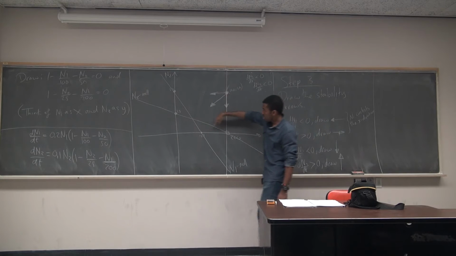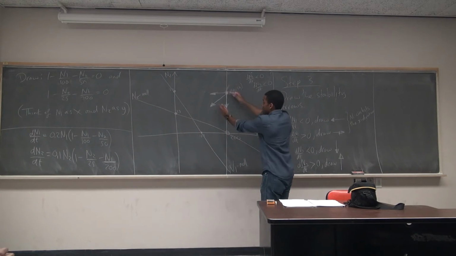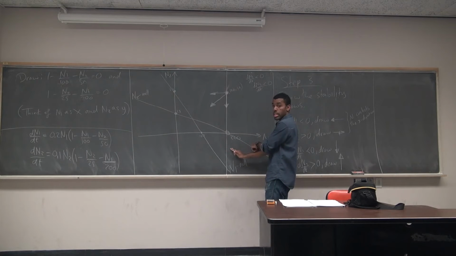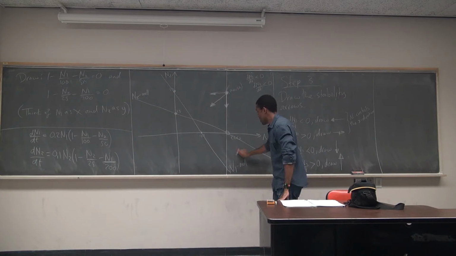This line here corresponds to N2. So if I'm over here and I jump over here, I just jumped over the N2 line. So my N2 sign is going to switch. It's not going to be negative anymore, it switches to positive. So my vertical is going to swap. Over here that would go up, and this stays like that. And so the curve goes like that.